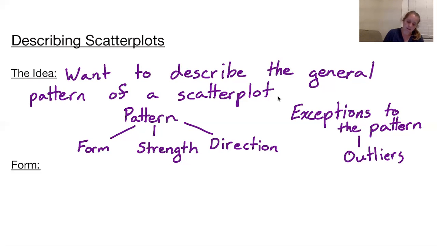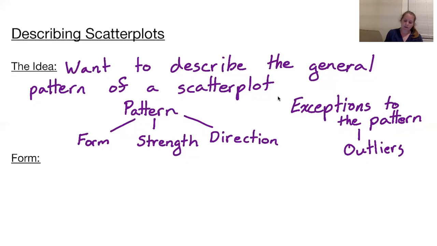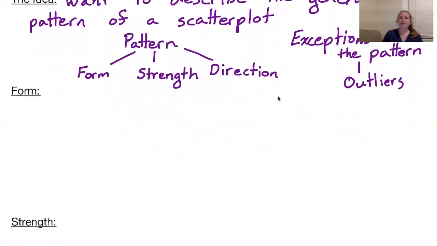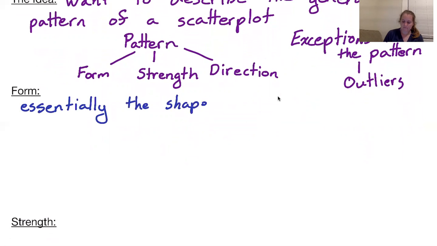So first up, we're going to look at form. Form is essentially the shape of your scatter plot, so the shape the dots make.